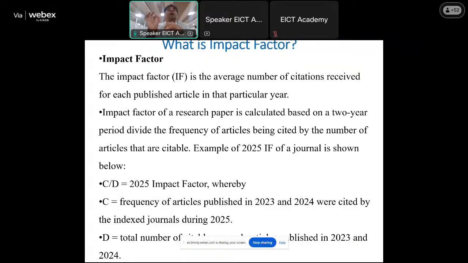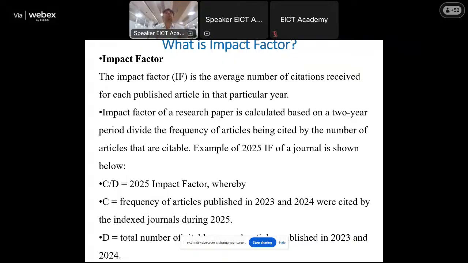So when a particular article is cited, I count it as a citation of that article. So C is the citation of those articles. That means 200 articles are published, and for those 200 articles, 400 is the citation. Then the impact factor of the journal is 400 divided by 200, that is 2.